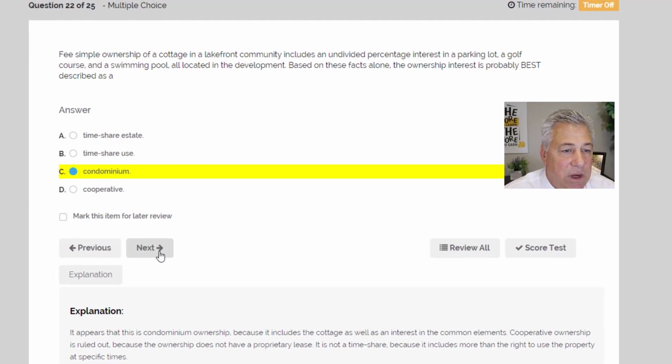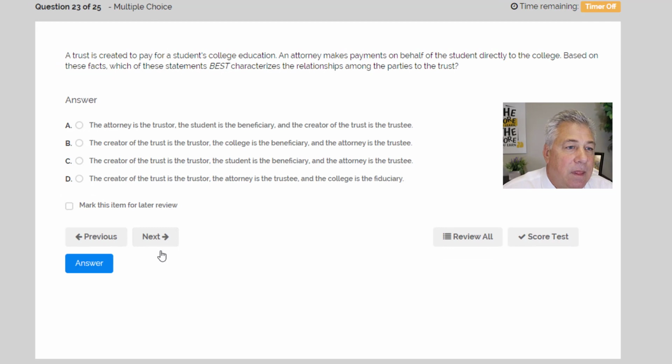Exam prep question number 23. A trust is created to pay for a student's college education. An attorney makes payments on behalf of the student directly to the college. Based on these facts, which of these statements best characterizes the relationship among the parties to the trust? A, the attorney is the trustor. The student is the beneficiary, and the creator of the trust is the trustee.